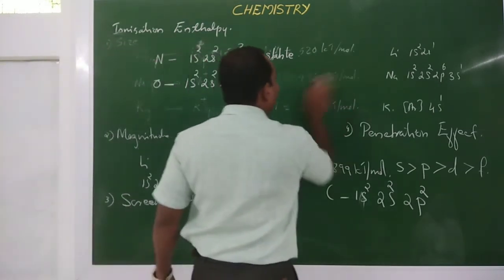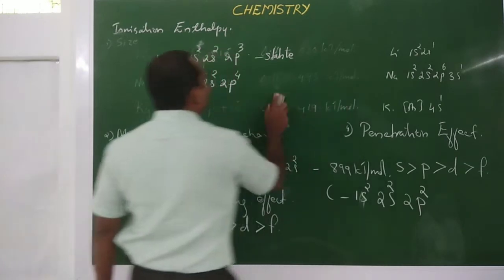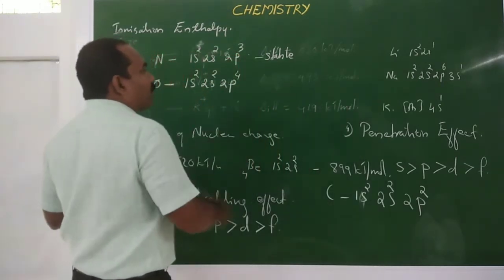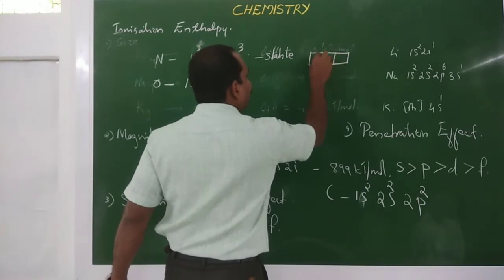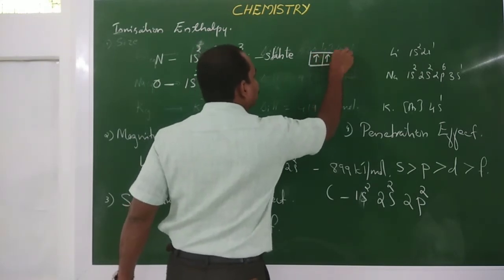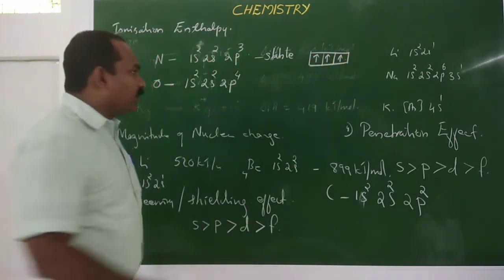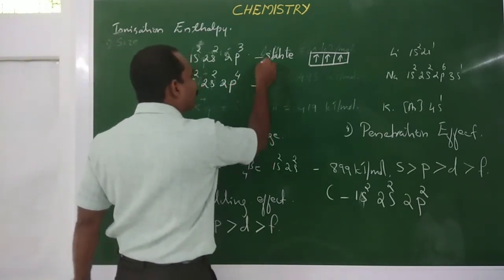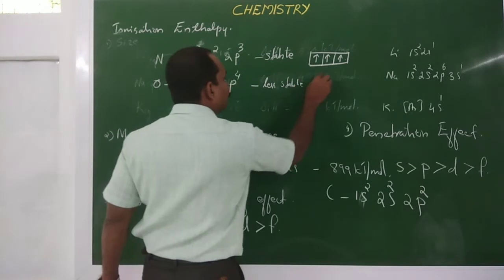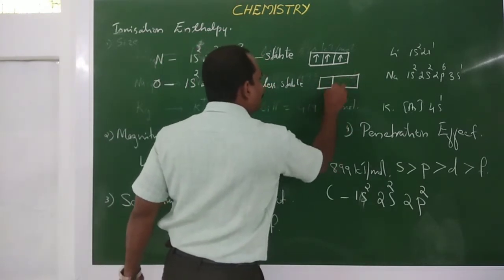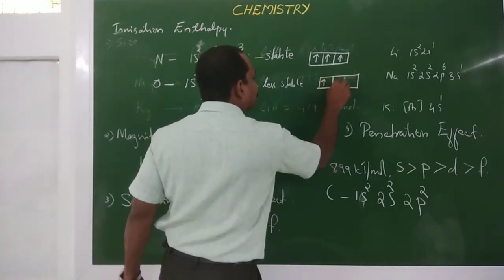Why is it a stable electronic configuration? Because it has half-filled p orbitals. Are you clear? And in the case of oxygen, it is less stable. Why is it less stable? It has partially filled p orbitals.